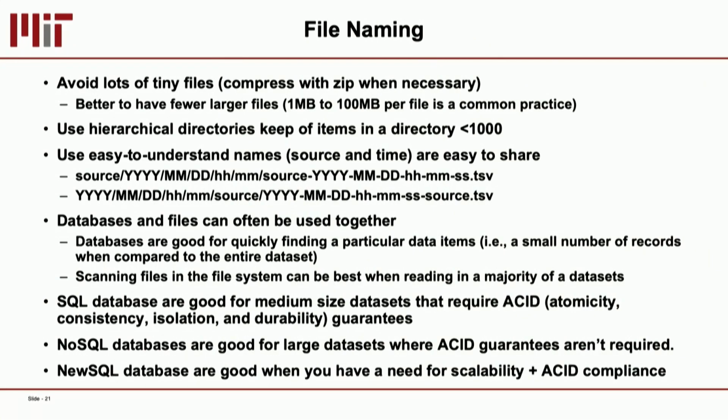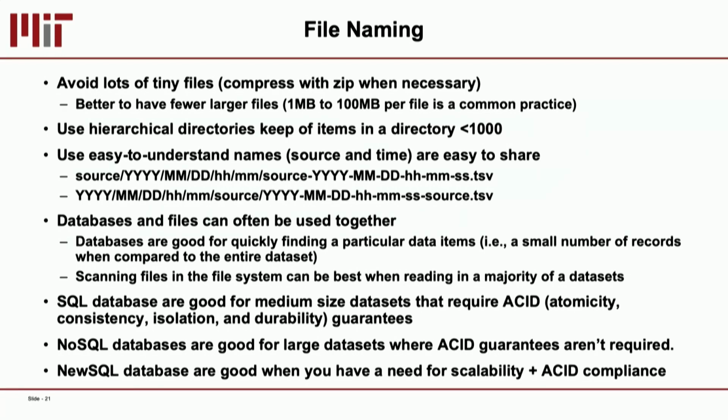And so when it comes to naming files, two things that tend to be pretty universal are source and time of data, right? Where you collected it and when you collected it are pretty fundamental aspects that you can rely on being a part of almost all data sets. And so this is a simple naming scheme that we use that we find is very accessible.